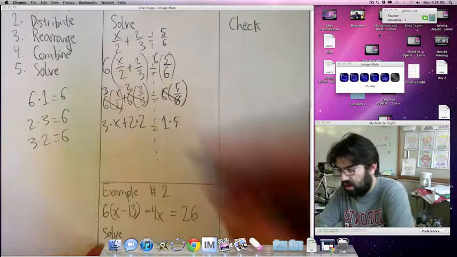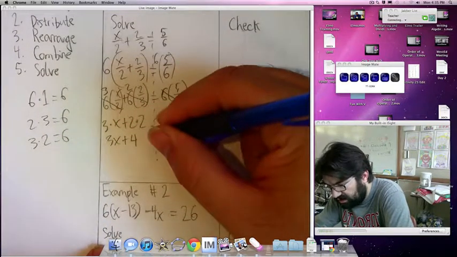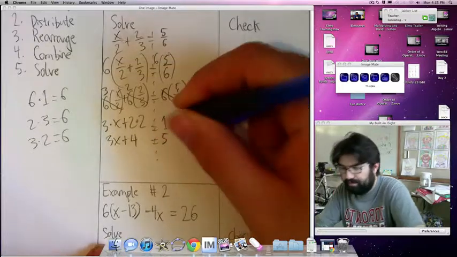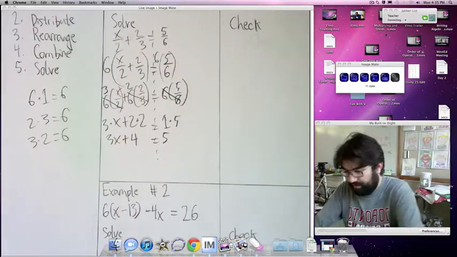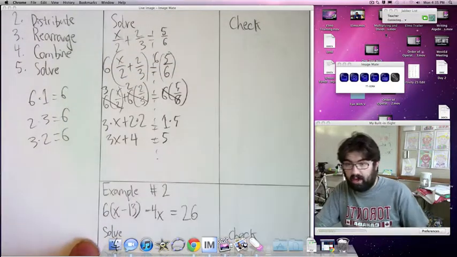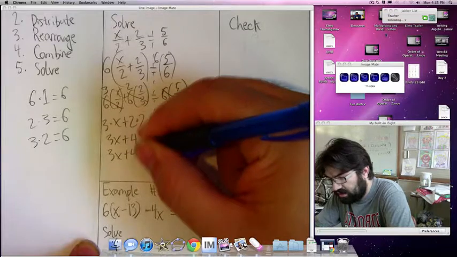I multiply everything out, we get 3x plus 4 is equal to 5. I would rewrite, so that's my equation, 3x plus 4 is equal to 5.